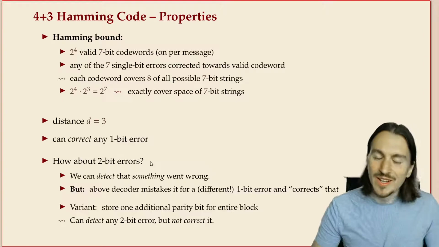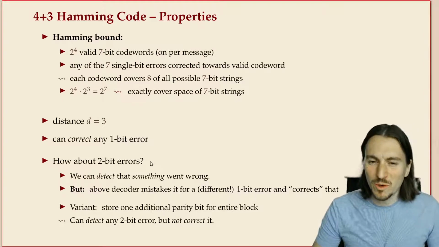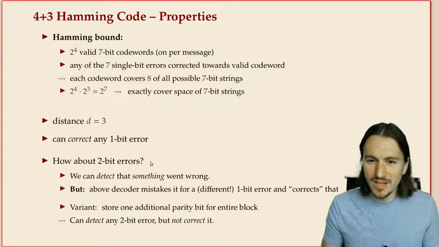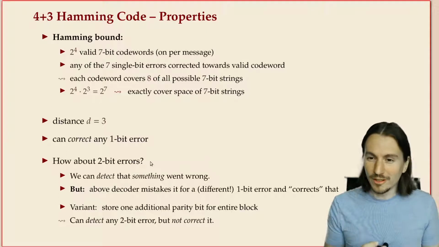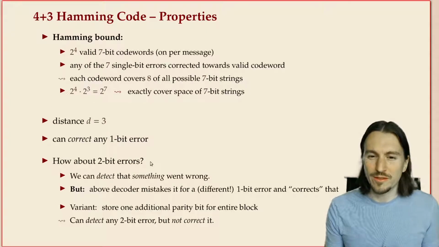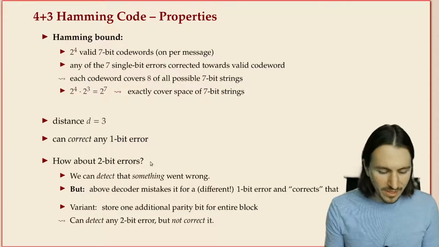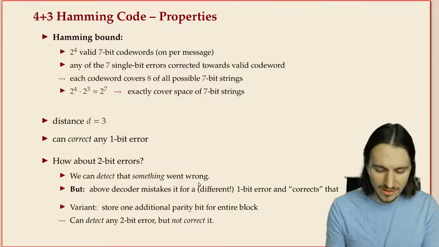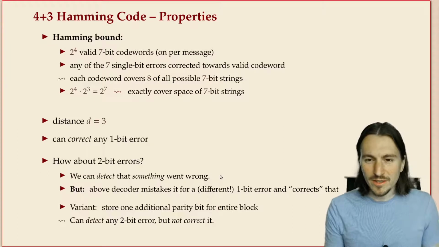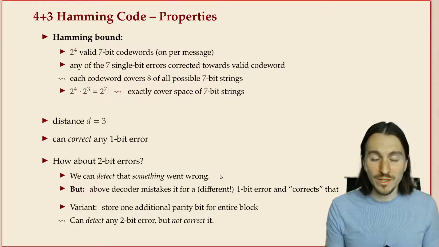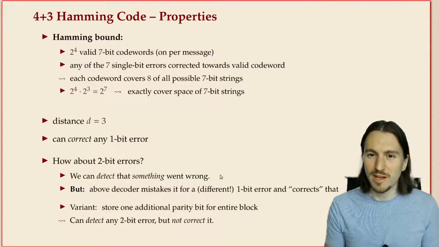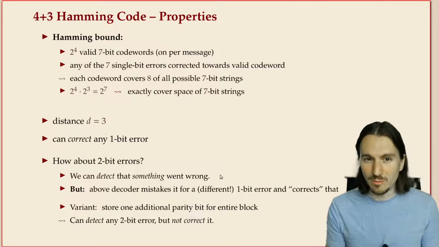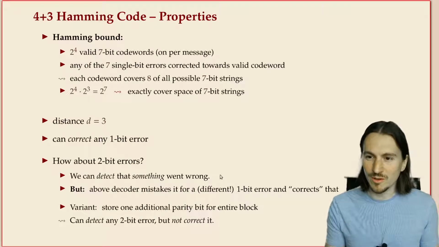And we can briefly think about what happens to 2-bit errors. We can definitely not correct them. That's what the lower bound, the theory, already tells us. But maybe we can detect 2-bit errors. The problem here is, if 2 bits are flipped, we definitely notice that something has happened, because the checking bits cannot be all 0 if we flipped 2 bits.